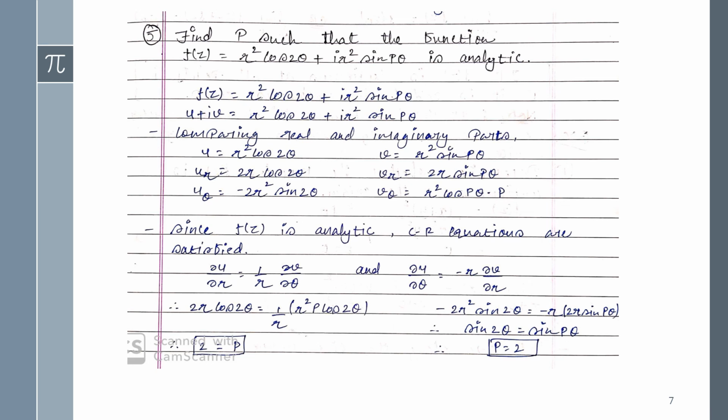So after finding real and imaginary parts, that is u and v, you have to find u with respect to r and theta, as well as v with respect to r and theta. Okay, and then since analytic is given, from this you can write its CR equations for the polar form. So I have written here its polar equations, and now we have to just put the values for all the components, and you can find the values of p.